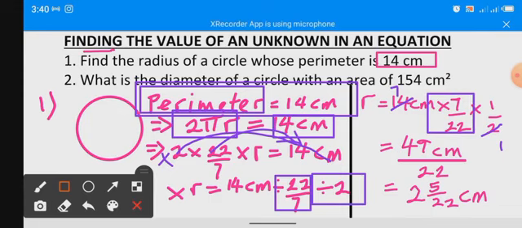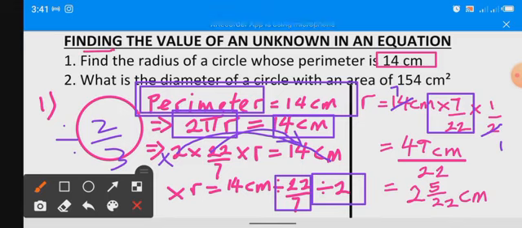For example, divided by 1 over 2 will become times 2 over 1. Divided by 2 over 3 becomes times 3 over 2. The denominator becomes the numerator and the numerator becomes the denominator.